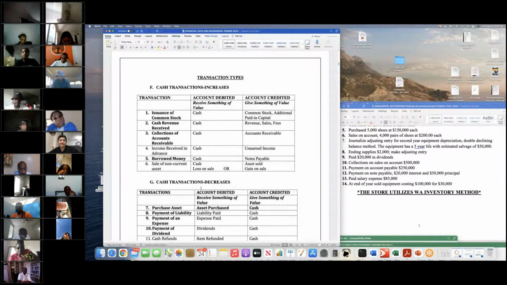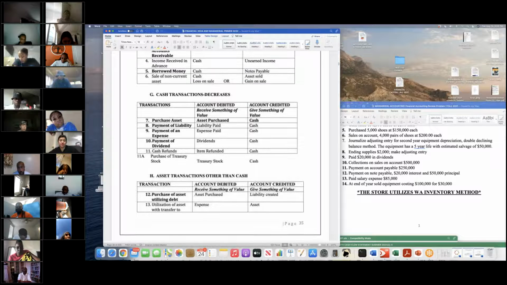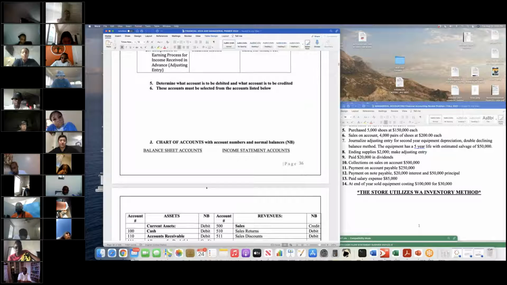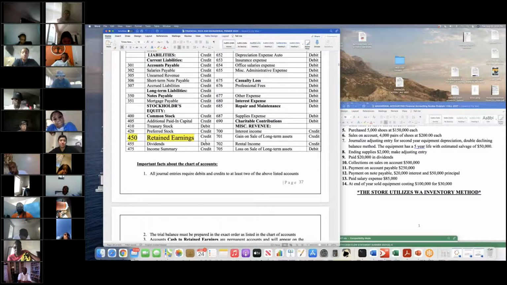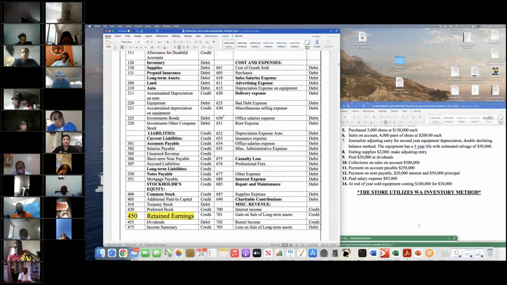You identify the transaction. And then when we move to this chart, it shows you what account you're supposed to be using number-wise to make your journal entries.